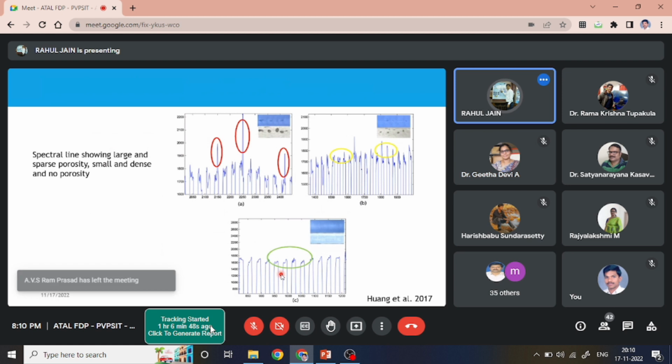For example, let us see this particular example, right? What these people have done, they wanted to map the intensity whatever has been captured, in order to get different types of defect. So they have got sparse porosity, small and dense porosity, and no porosity cases.